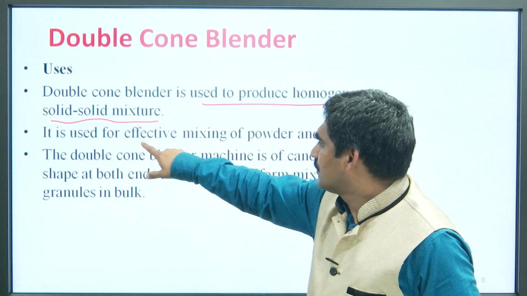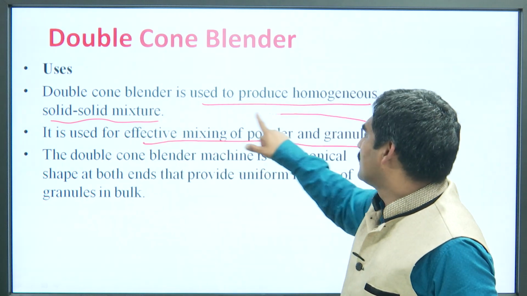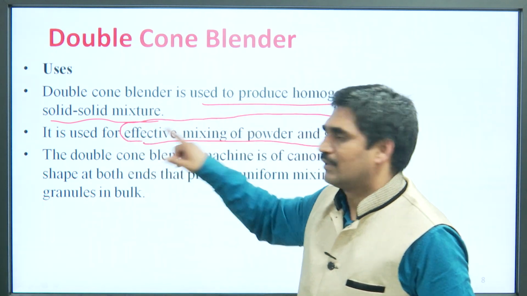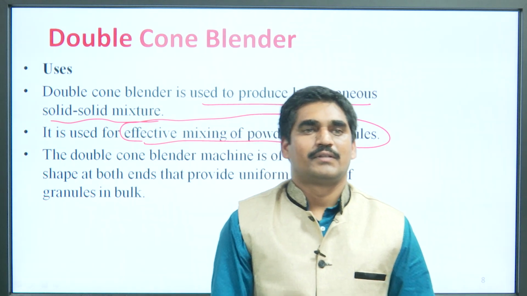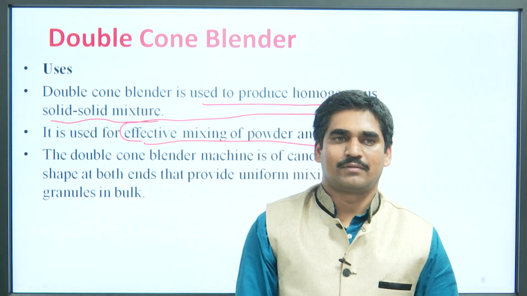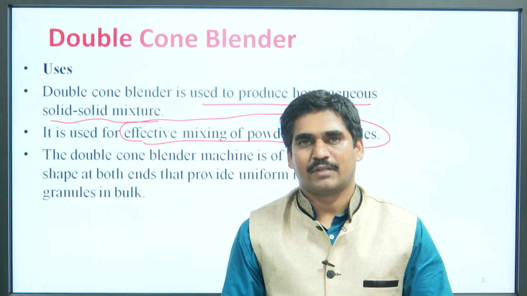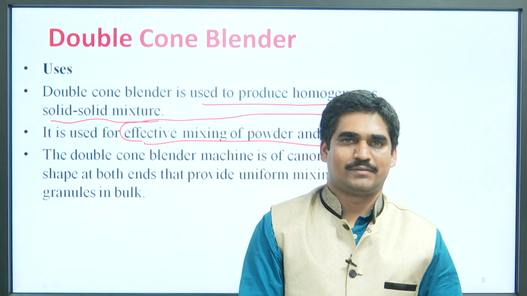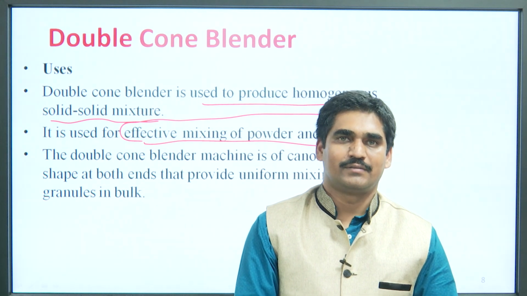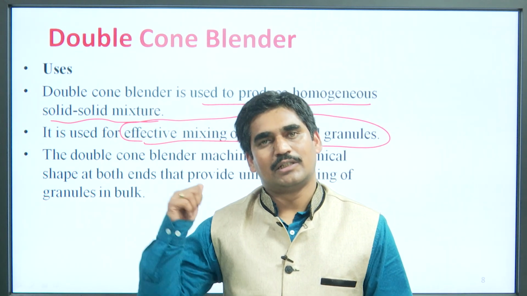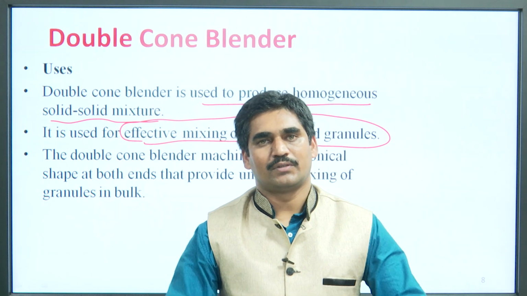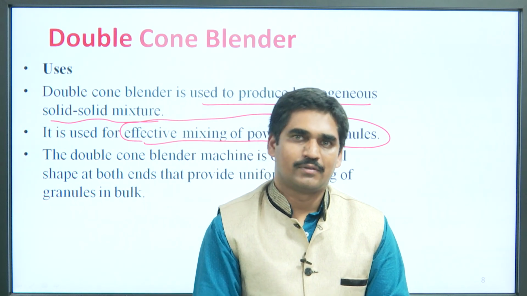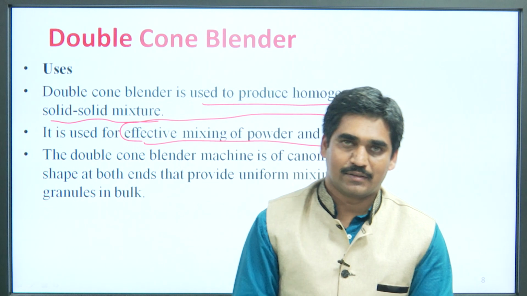It is used for effective mixing of powders and granules. Generally, granules or powders are used in the preparation of tablets, capsules, cachets. So, in those cases uniform mixing is required, and double cone blender can be used for mixing of those types of powders and granules.